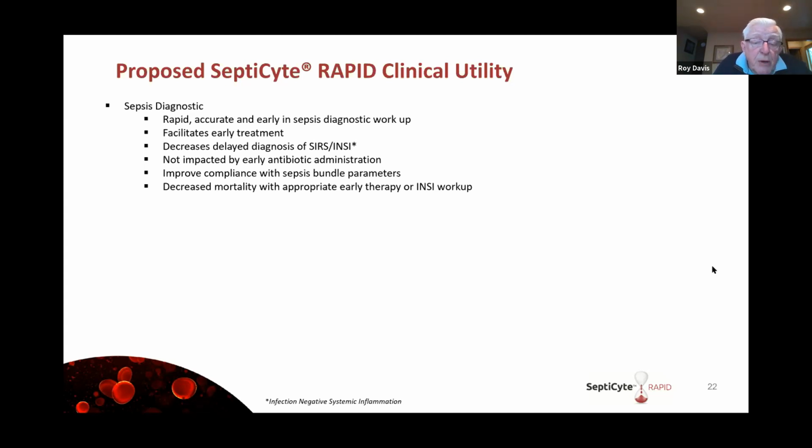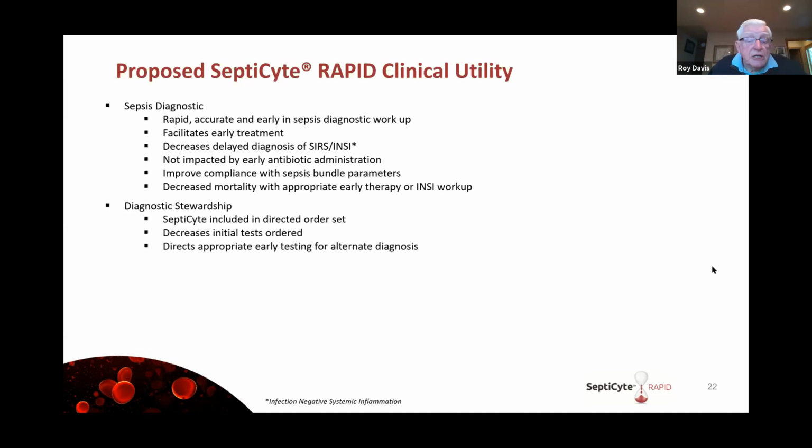It is not impacted by antibiotics given early in the administration process, and improves compliance with those sepsis bundles that we all have to meet, which do impact the mortality and appropriate treatment process. It also increases appropriate early evaluation of patients who do not have sepsis.